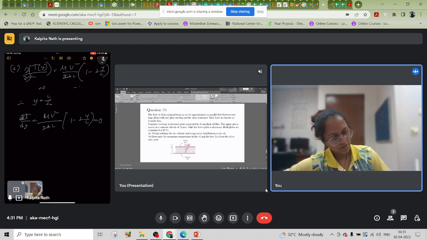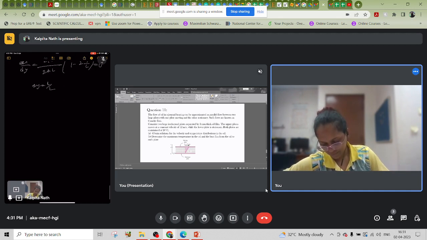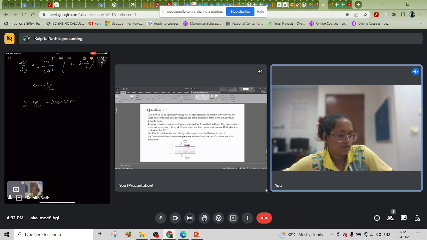This gives y is equal to L by 2. Therefore, the maximum temperature will occur at the mid-plane, which is not surprising since both plates are maintaining the same temperature. So the maximum temperature occurs at y is equal to L by 2.